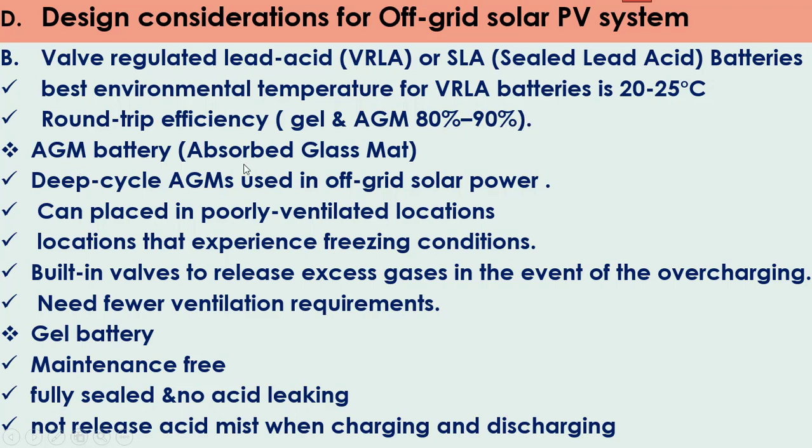The AGM battery, which represents the absorbed glass mat battery, is a deep cycle battery used in off-grid solar power systems, and can be placed in a poorly ventilated location, because no gases are released in the process of charging, and it also contains a built-in valve to release any excess gases in the event of overcharging.